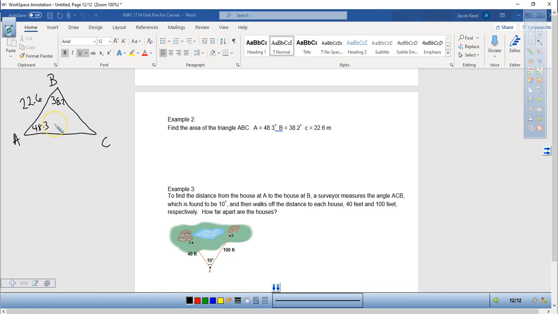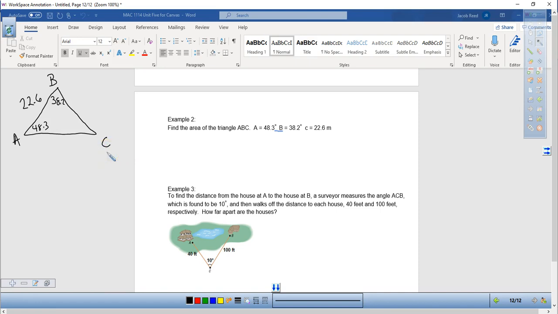Okay, a couple of approaches here that we can talk about. We could solve the whole triangle and then use Heron's formula. I wouldn't really suggest it, but it is possible.